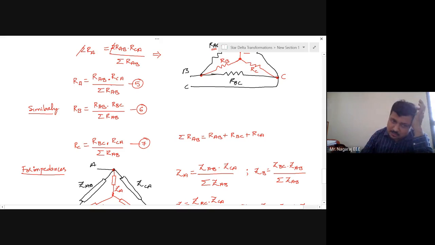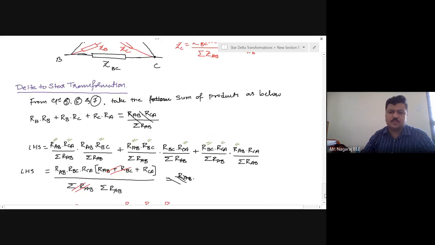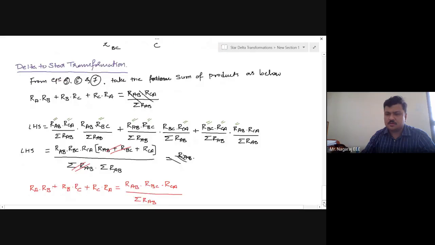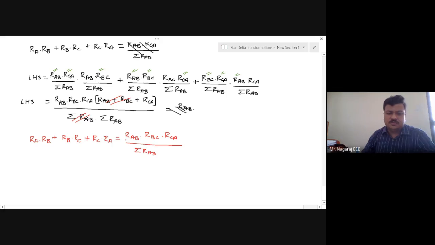From equation 5, RAB RCA divided by summation RAB is RA. From equation 7, RBC RCA divided by summation RAB is RC. Anything I can take because all three are possible. So summation RAB into RCA divided by summation RAB, I will take it as RA.